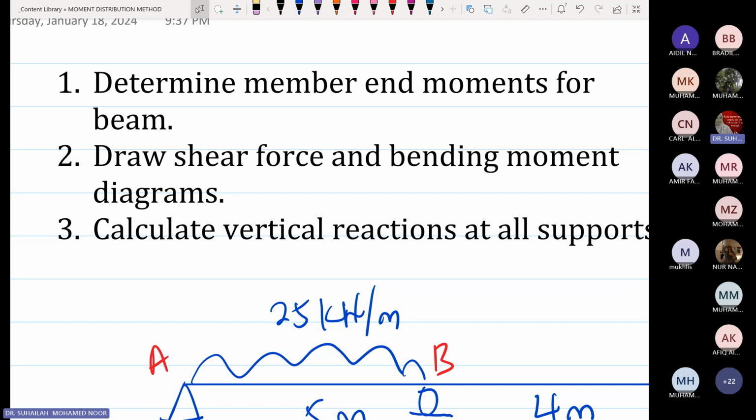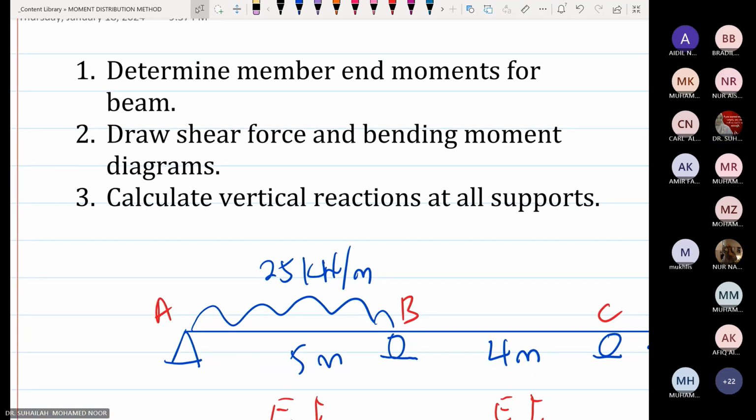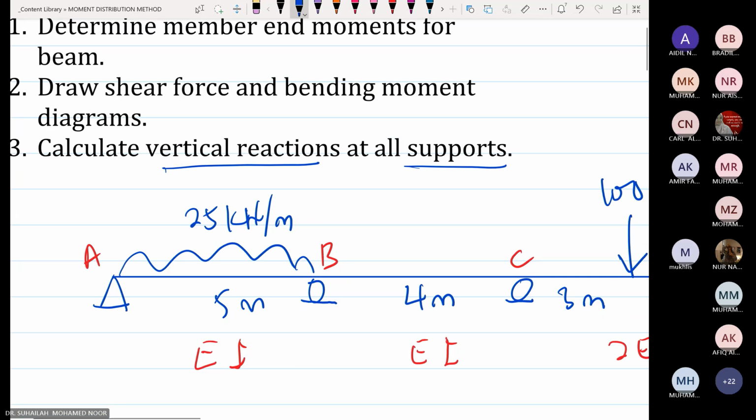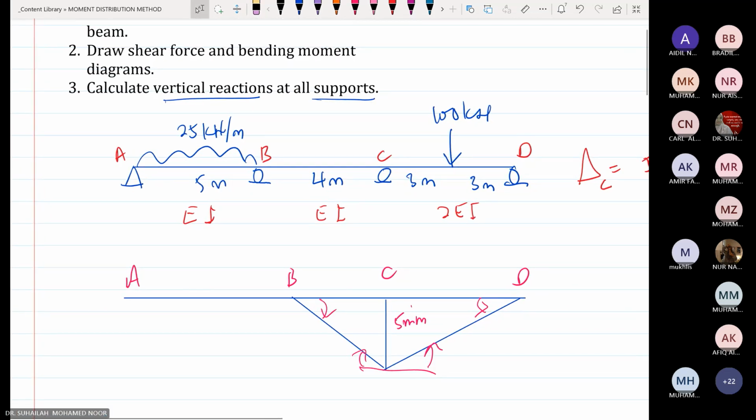Okay, calculate vertical reaction at all support. What does it mean? Vertical reaction at all support. Okay, vertical reaction is dekat pin ada AY, AX 0 dah tahu dah.